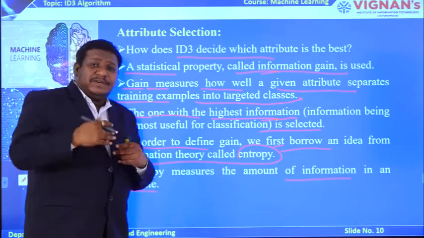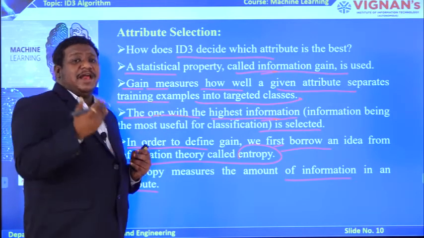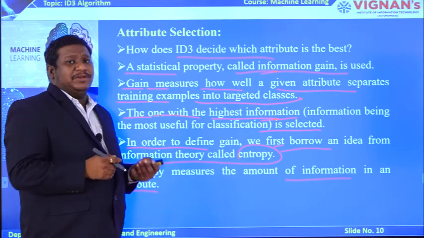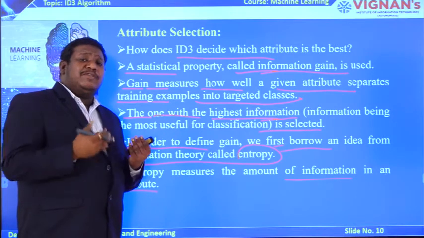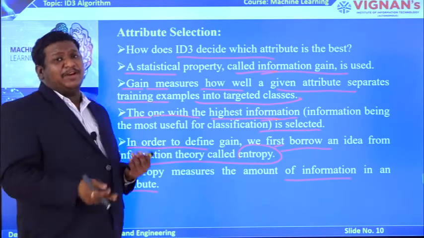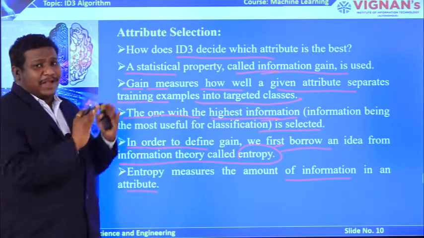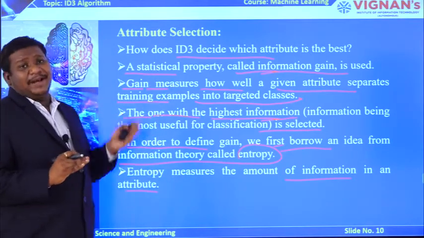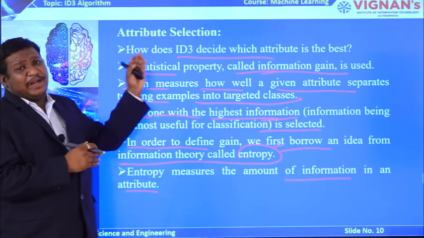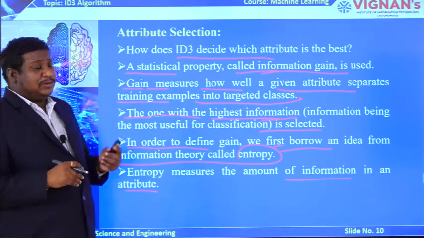This information gain mainly depends on another important factor called entropy. Entropy means the amount of information there is in an attribute. So try to remember these values, information gain and entropy value, with which you are going to finalize the final attribute.